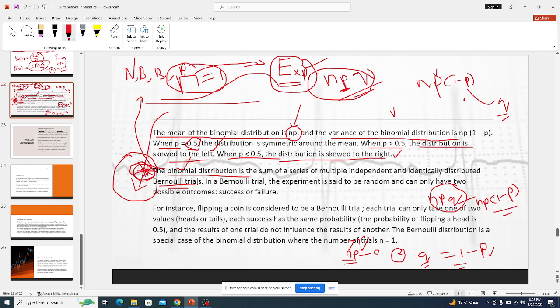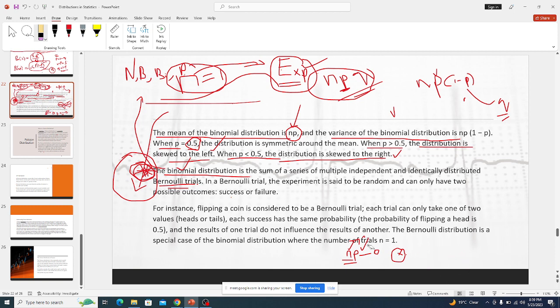This is the variance. And of course, the standard deviation will be the square root of the variance. Good. That was about binomial distribution.